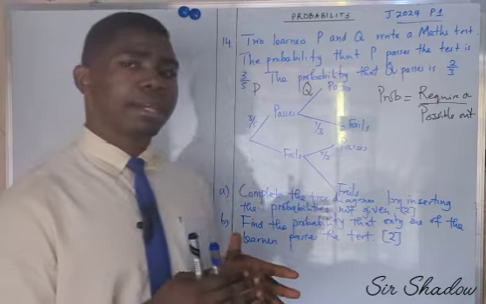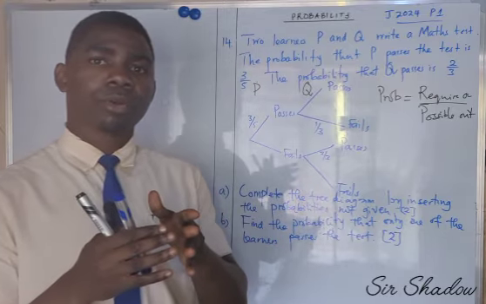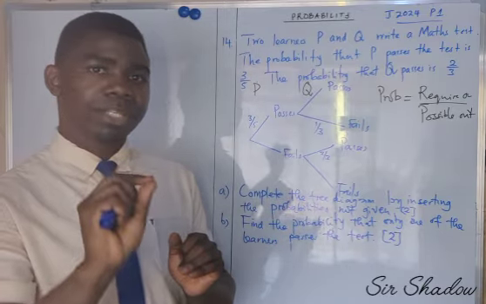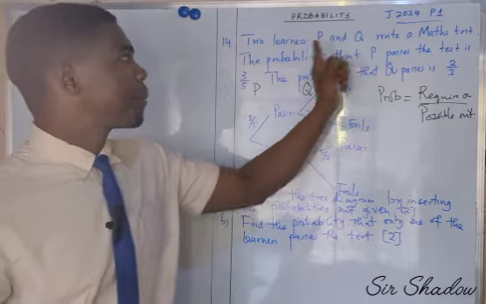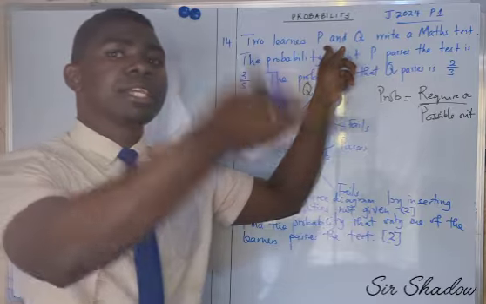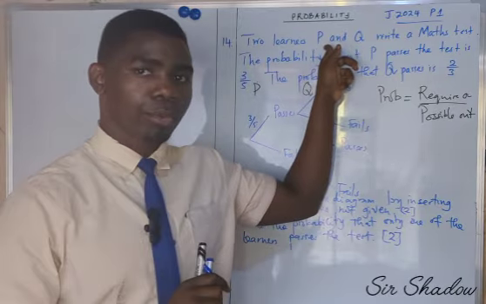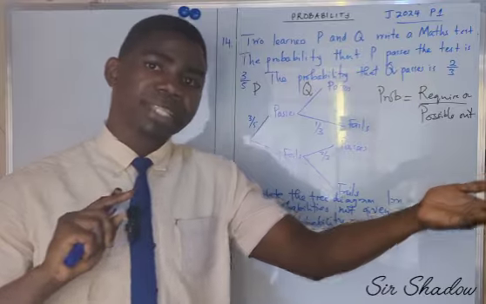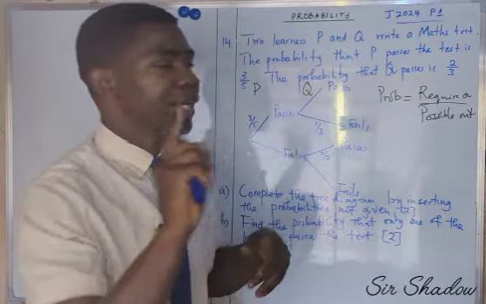Just remember, if you consider the sum of the probability of P passing and the probability of P failing, we must get 1 whole.